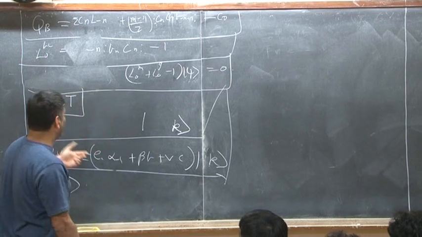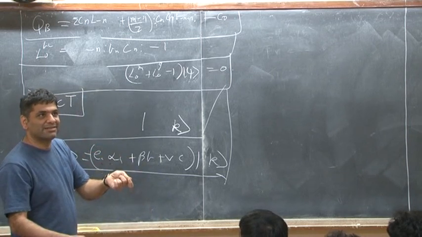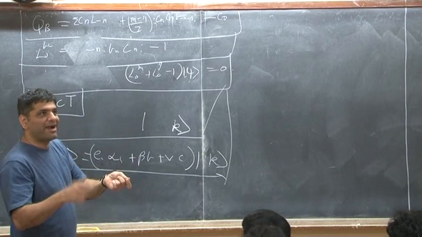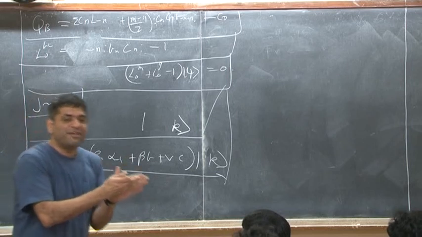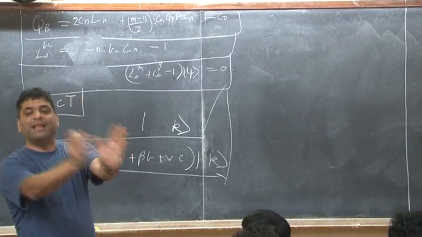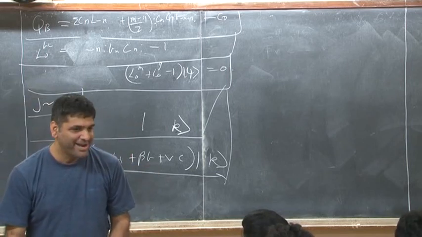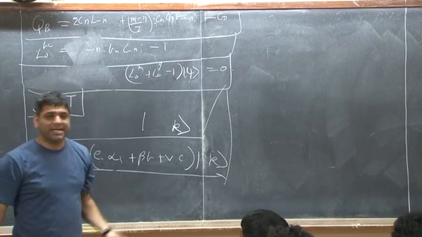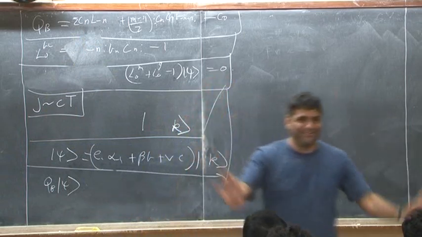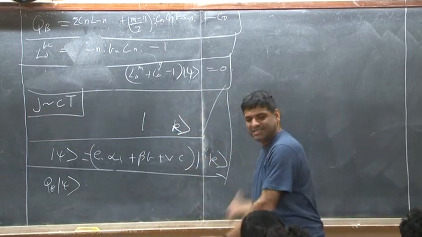Actually, in this case it is 0, but this argument will be general for every level. So it will give you L0 acting on the state, and C0 acting on the state. Neither C0 nor L0 in general annihilates states of this form.